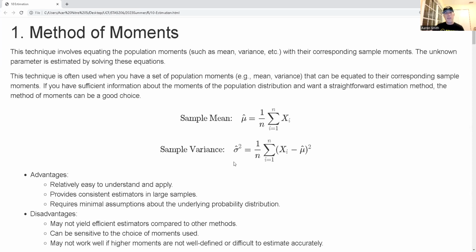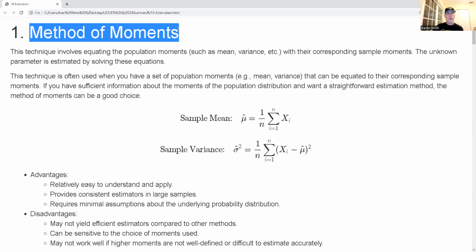So the big idea here for method of moments is that I can take my sample average, I can take my sample standard deviation. Now, there's going to be parameters for the probability distribution that I'm interested in. So let's say maybe like gamma, for example. Well, there's a relationship between the parameters of the gamma distribution and the mean, and there's a relationship between the parameters and the variance. And so what I can do is I take my sample average and I treat that as if it's the population average, and that gives me an equation with the relationship of those parameters.